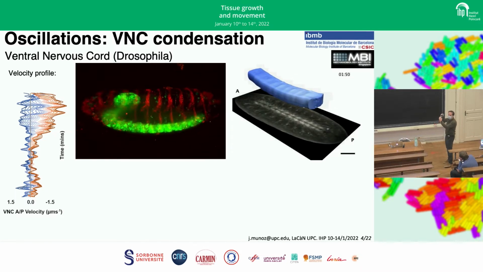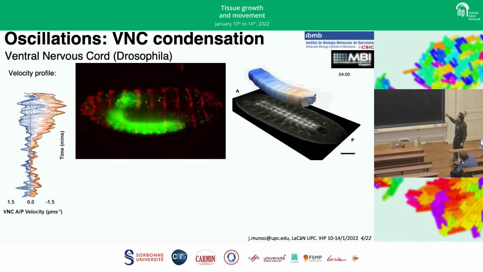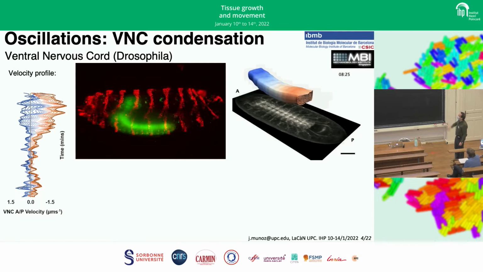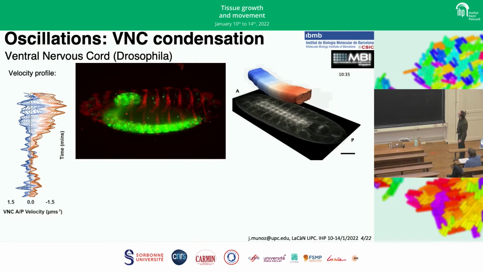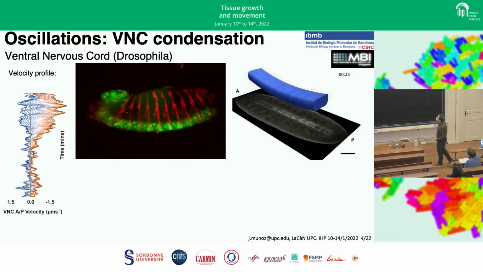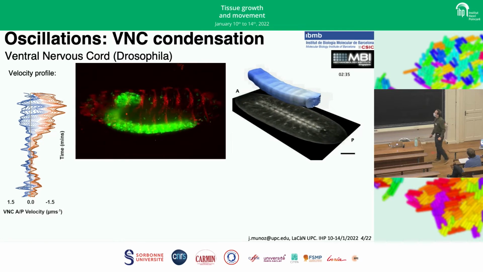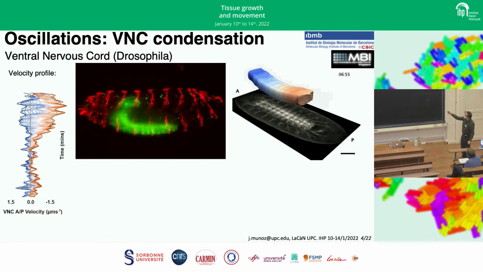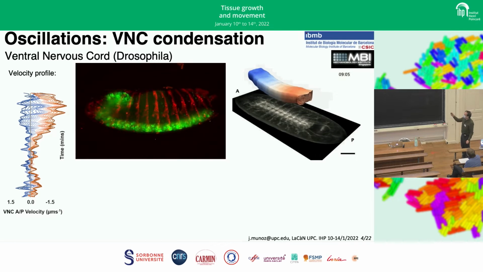So there is a condensation process, and it condenses also due to the dragging from a retraction from the back, okay, with other organs that are there. But this condensation seems to be pretty autonomous. What we have observed, from the people who have done the measurements, in a collaboration with people in Barcelona and in Singapore, is that it also oscillates, as you see on the left.